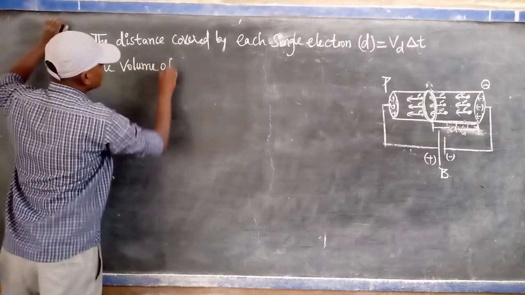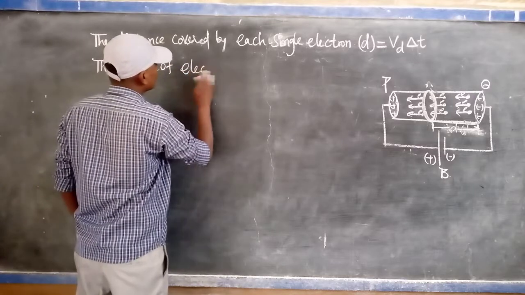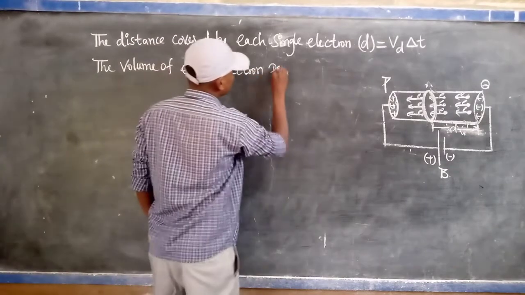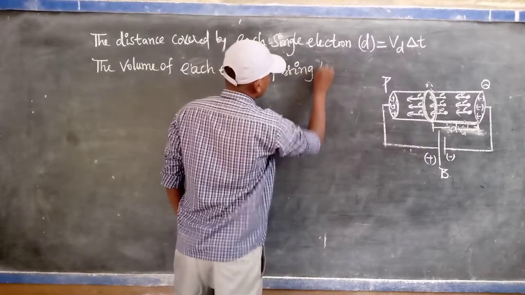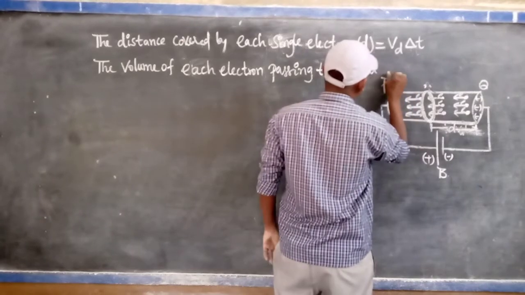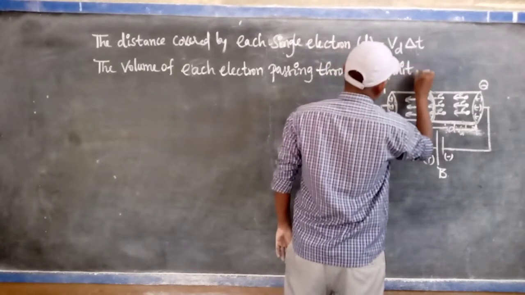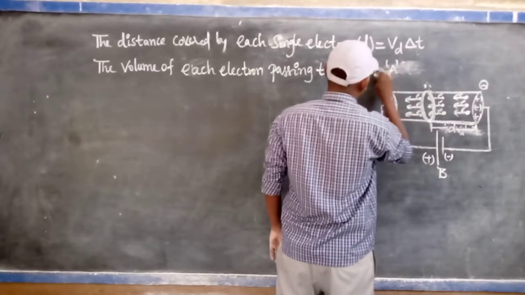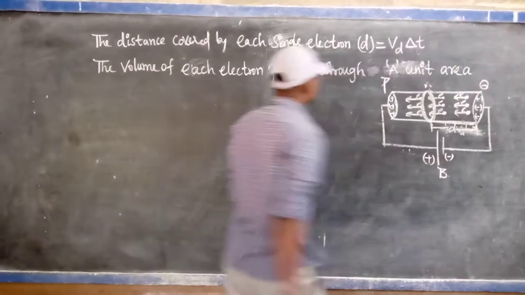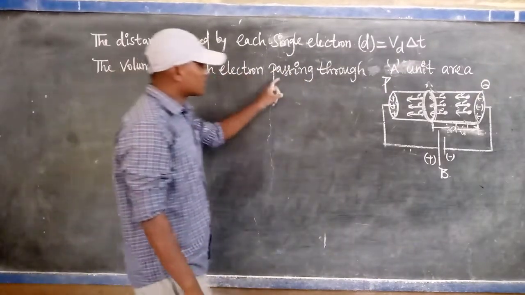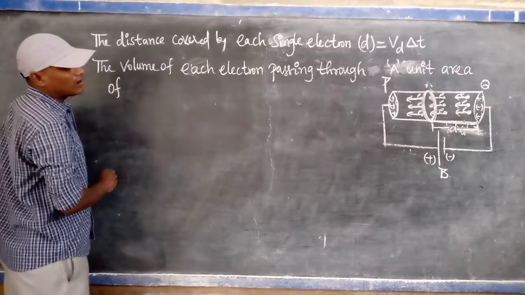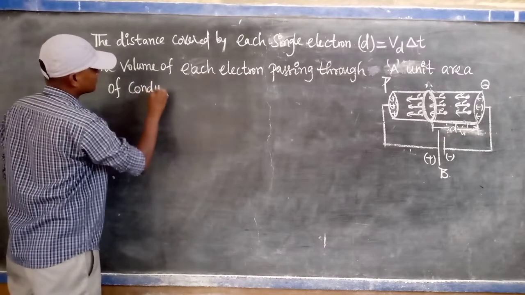Next, the volume of each electron passing through a unit area of the conductor.